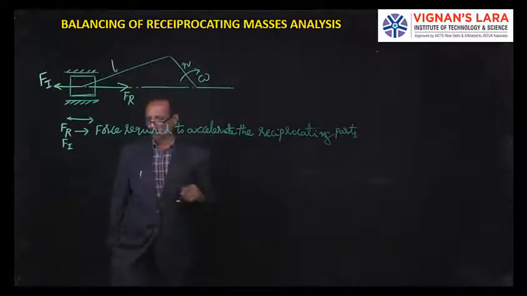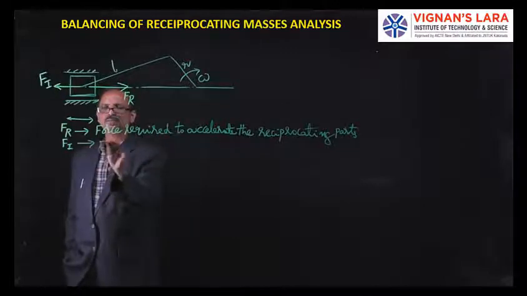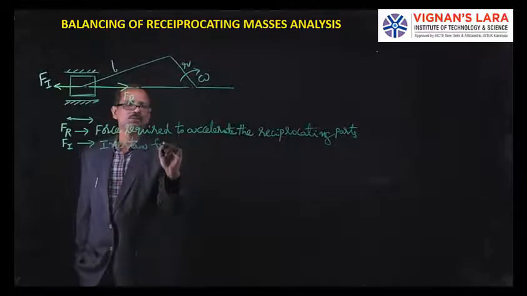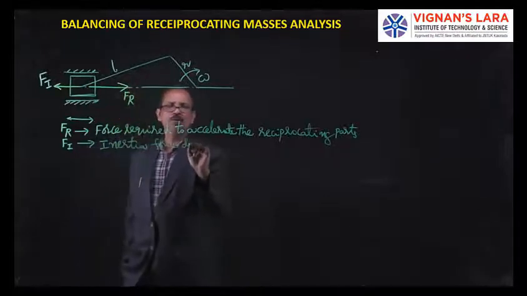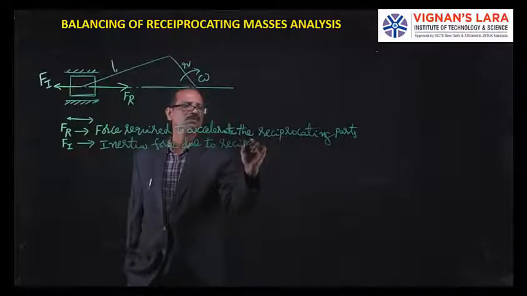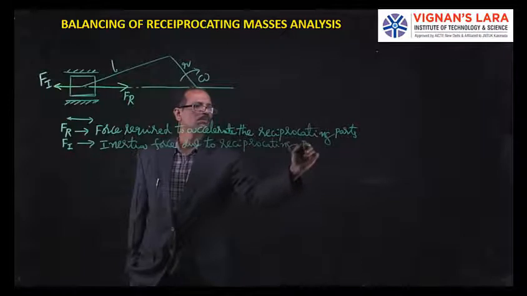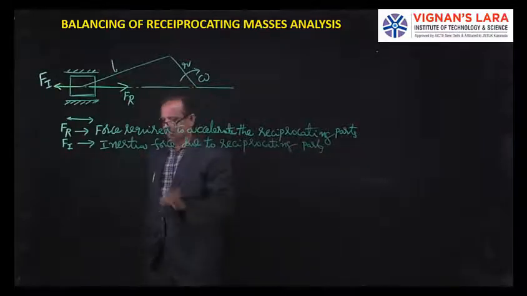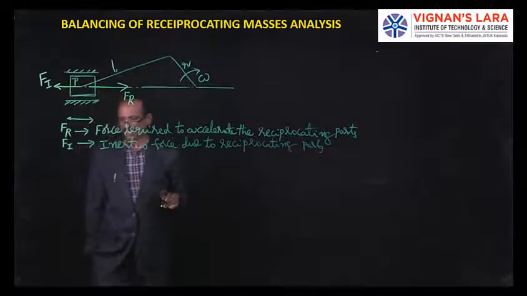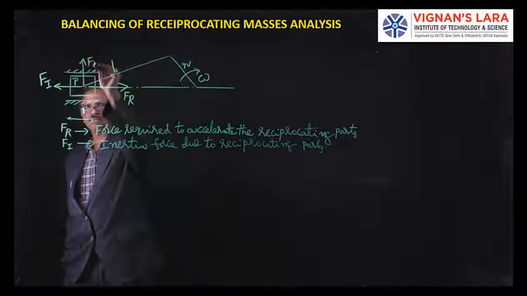Then what is Fi? Fi is the inertia force due to reciprocating parts. This is the piston. When the piston is moving like this, there will be a normal force acting like this, Fn.